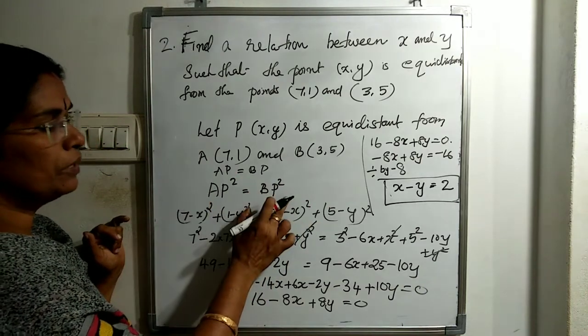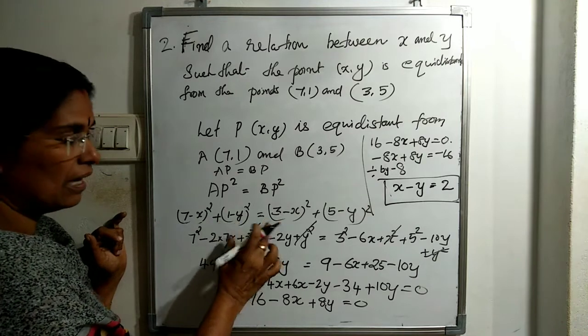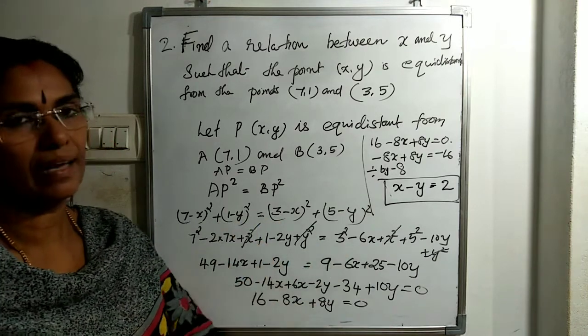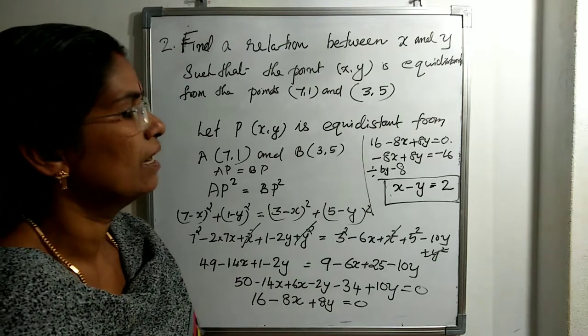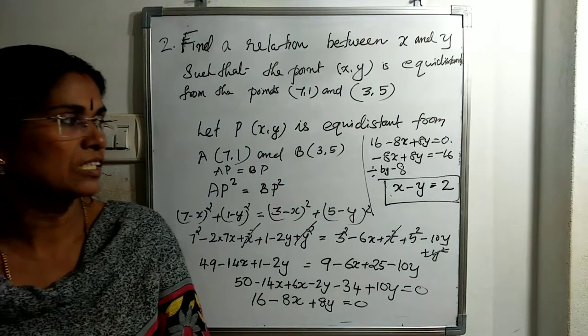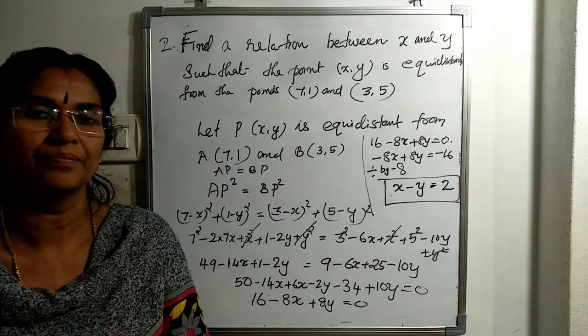Then AP square is equal to BP square, and apply the distance formula first. After that the identity we are using. Cancellation numbers are cancelled and rearrange. Last you will get the answer in terms of x and y: x minus y equal to 2. It is a very important question.